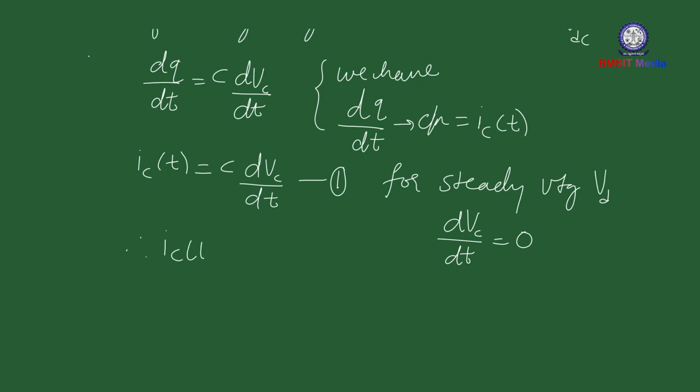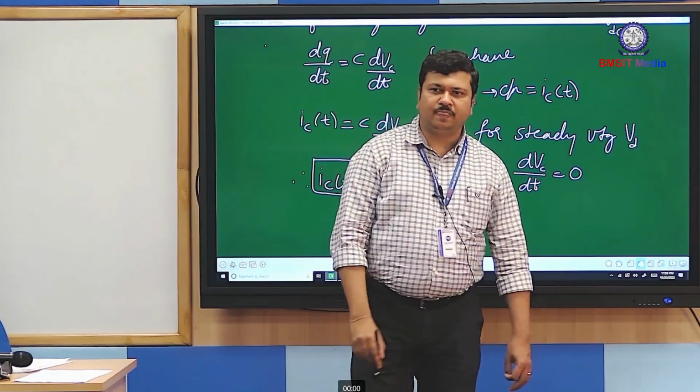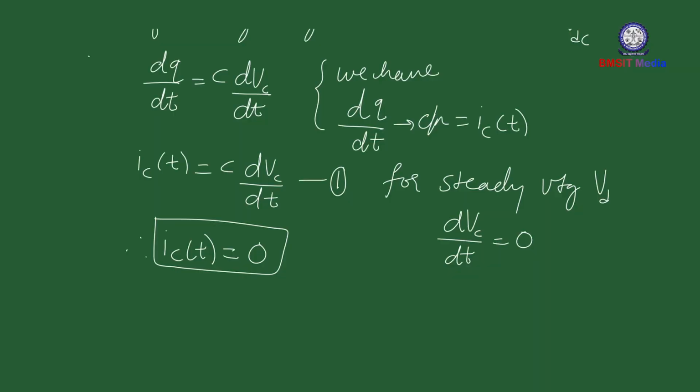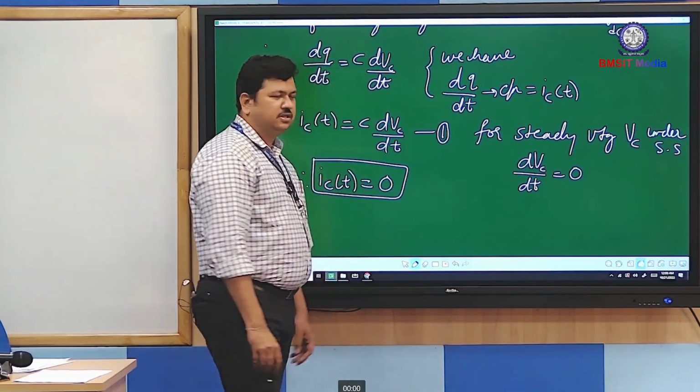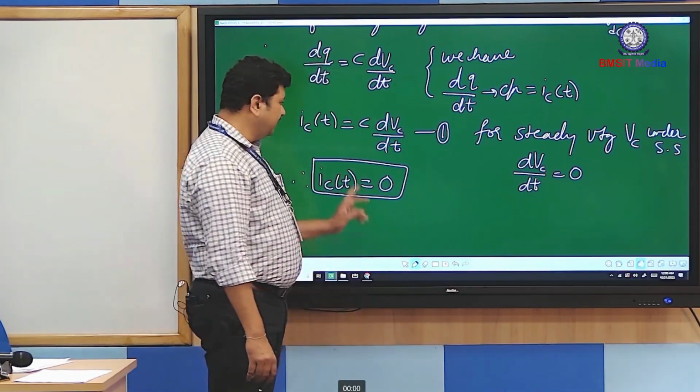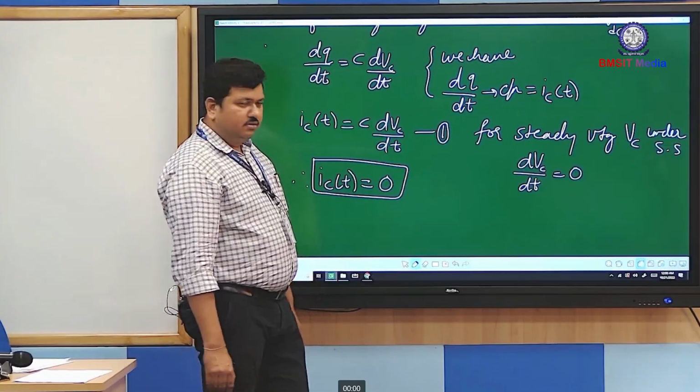Therefore, my IC of t is equal to 0. So for steady voltage Vc under steady state, dVc by dt is 0, so my IC of t becomes 0.